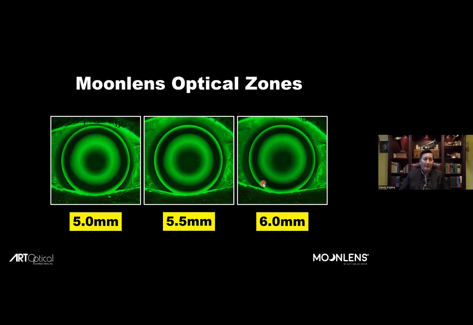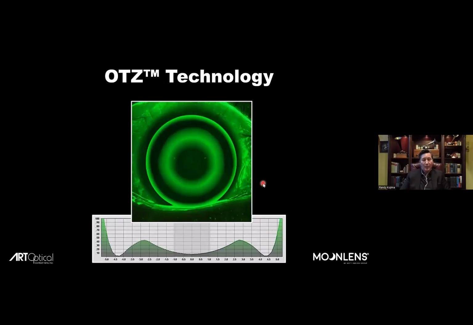And the Moon lens uses this technology of the hydraulic force controlling where it is, how high it is. This is the essence of how the Moon lens is customized. The Moon lens and the Hong Kong study, the novel design used in the Hong Kong study, uses the same OTZ technology, optimized treatment zone technology.